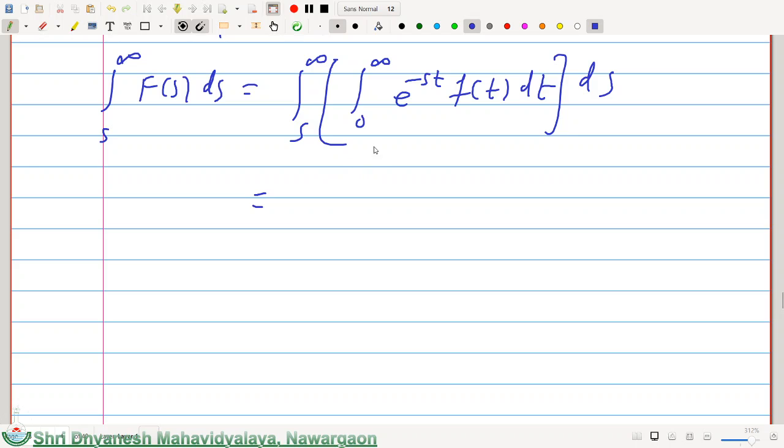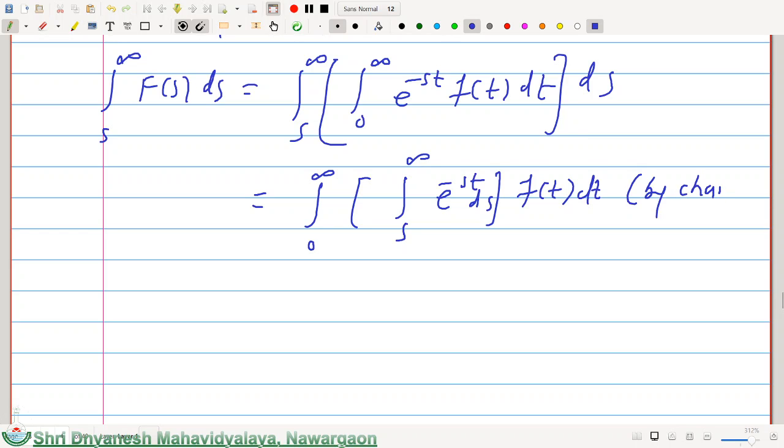In this case we are going to change the order of integration. So we take integration from 0 to infinity here, and integration from s to infinity of e to the power minus st, f of t, it is dt here and ds here. This is by changing the order of integration.